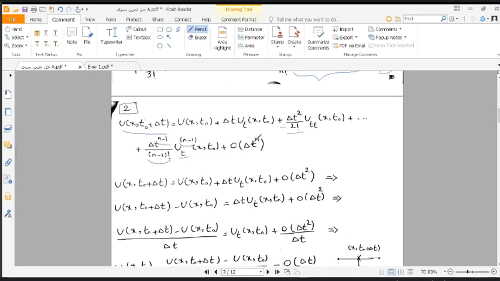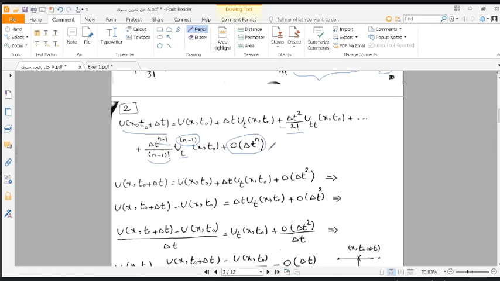In this example, we write the O of delta tn, and I should write the last derivative of order n minus 1. The order of the last derivative should be 1 smaller than the order of the truncation error.